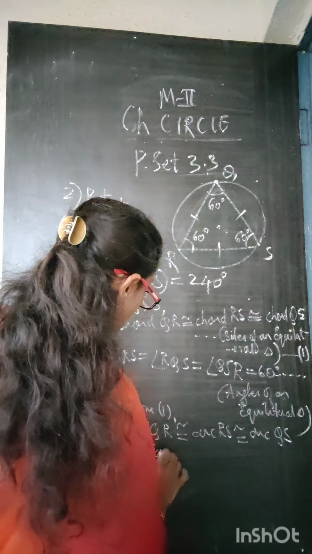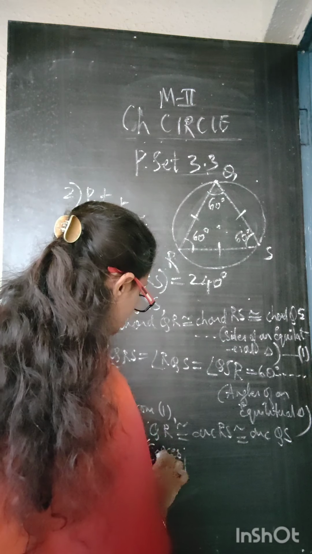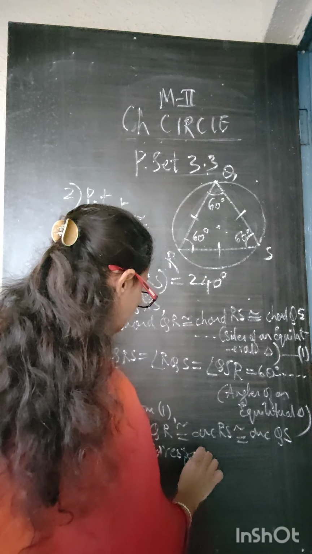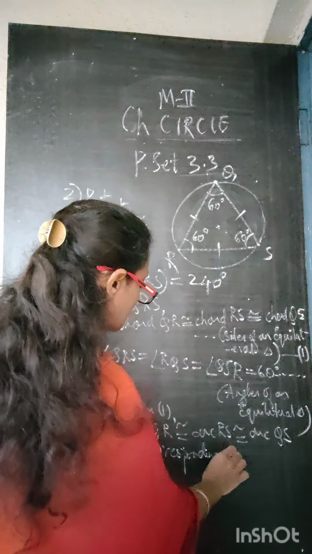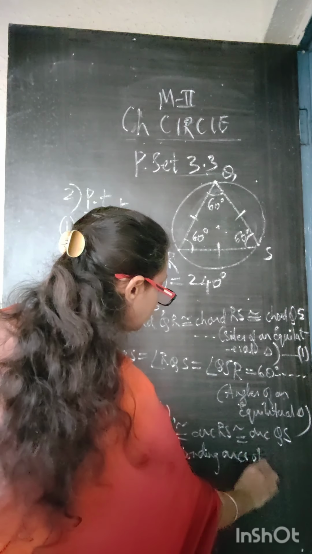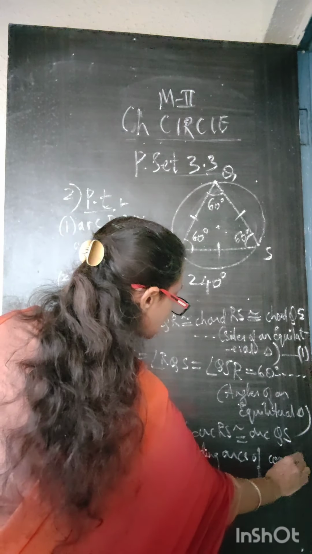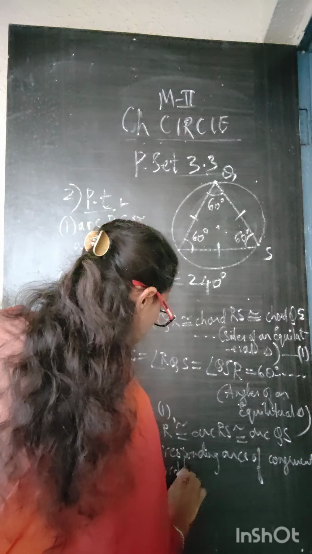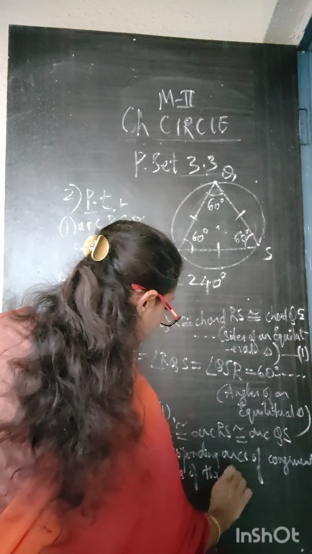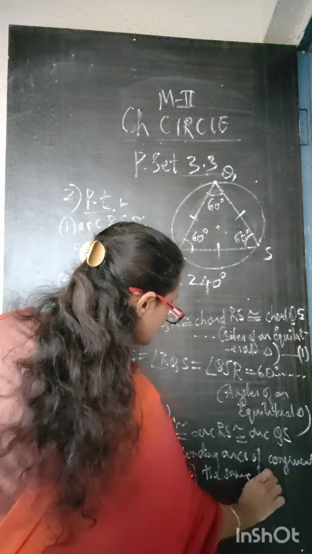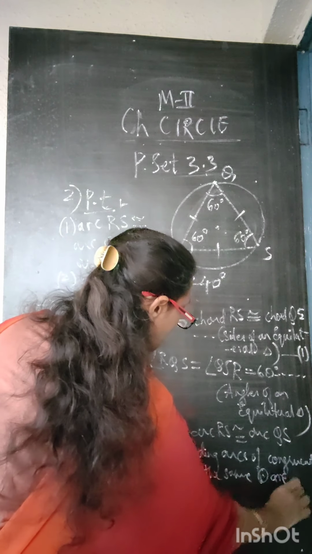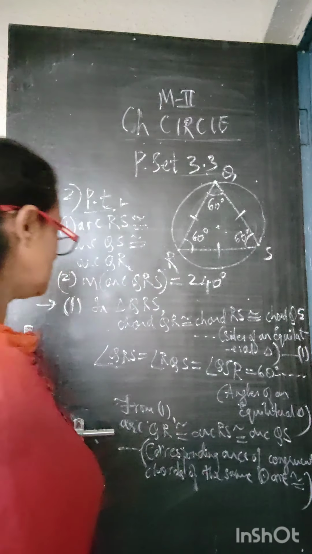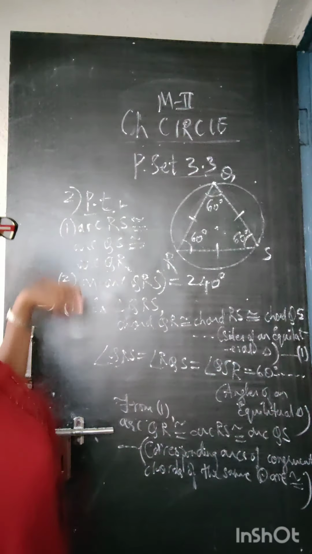Corresponding arcs of congruent chords of the same circle are congruent. Okay, so this is how I proved this first part.